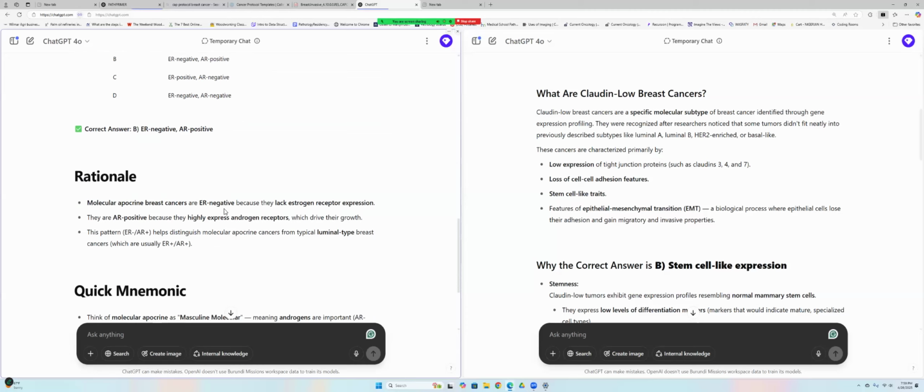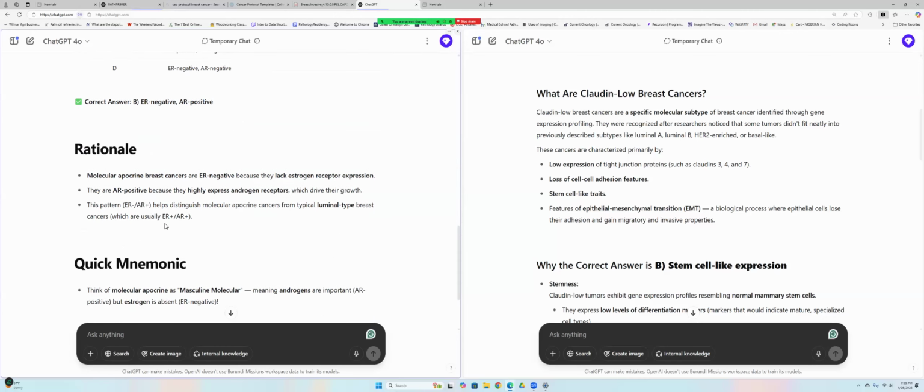Molecular apocrine breast cancers are ER negative because they lack estrogen receptor expression. They're androgen receptor positive because they highly express androgen receptors, which drive their growth. This pattern, ER negative, AR positive, helps to distinguish molecular apocrine cancer from typical breast cancers, which are both ER positive and AR positive.